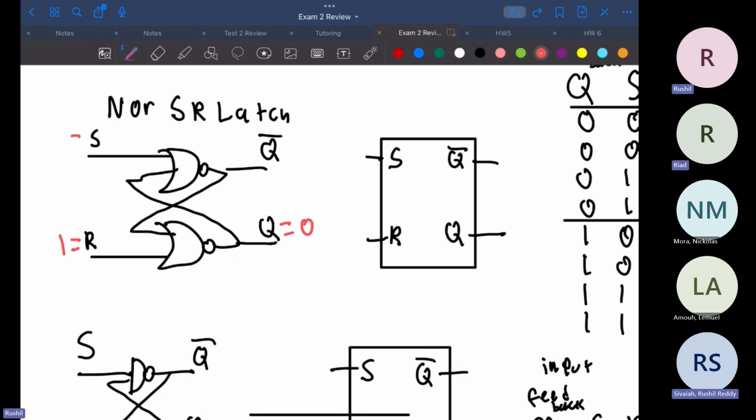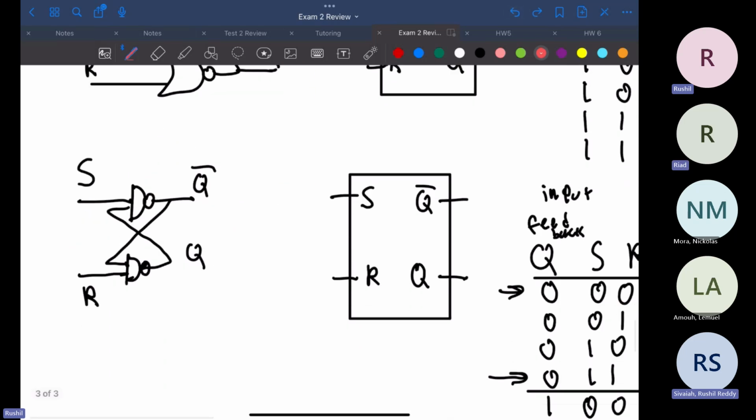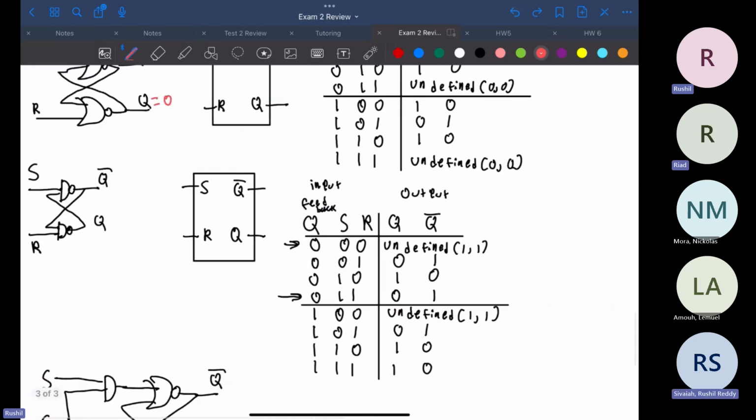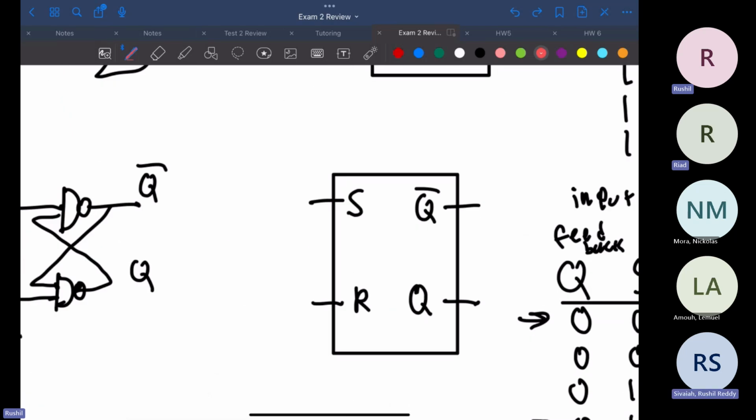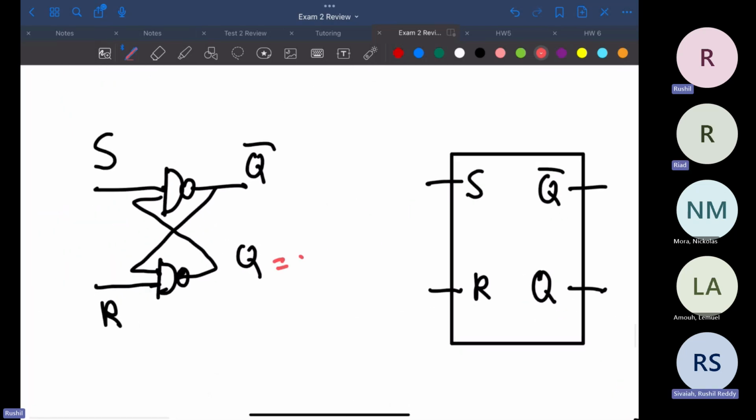Okay, let's follow the same logic for this one. We see that it gets stuck at 0, 0, 0. So if we follow that same logic, we set Q equal to 0, S equal to 0, R equal to 0. So we'll have a 0, 0, 0, and a 0. This is a not AND.